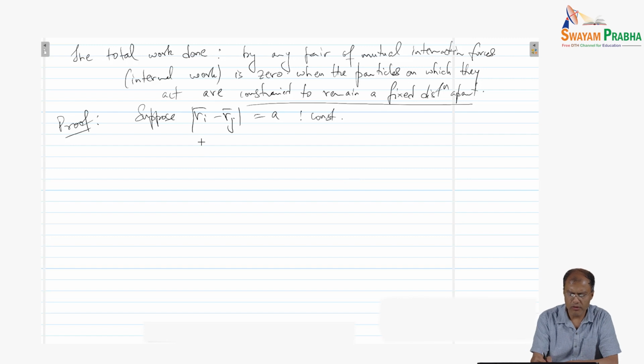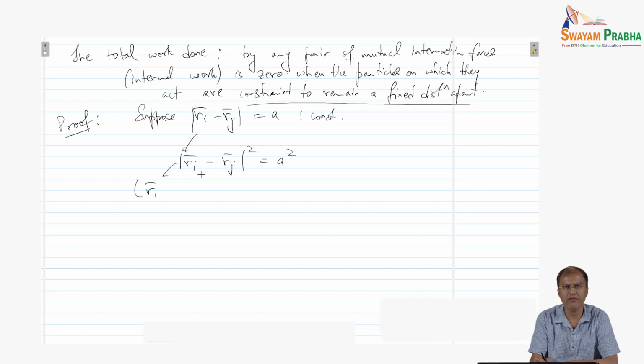Then we can square this relation, so we have that (Ri minus Rj) squared is A squared. I can write the left hand side as Ri minus Rj dot with Ri minus Rj, so this is A squared.